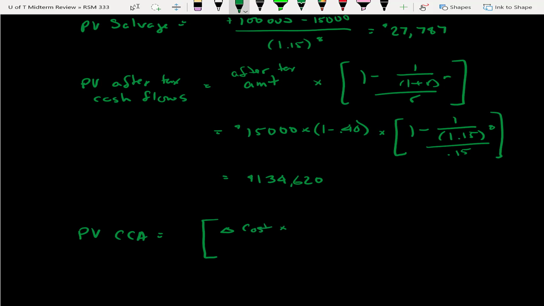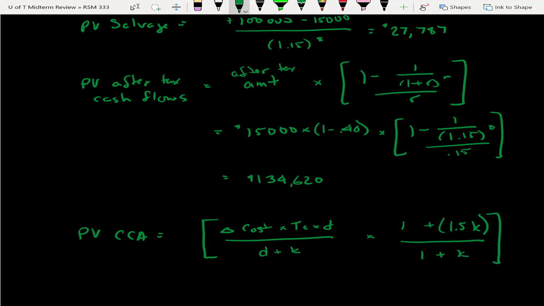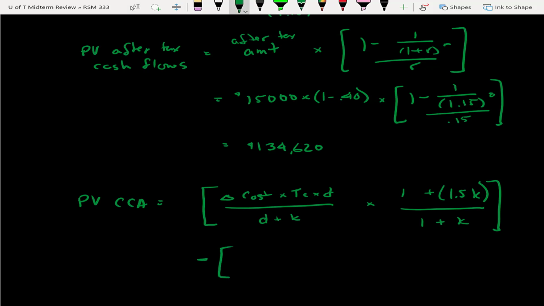The change in cost times tax rate times D, which is the CCA rate, over D plus K, times 1 plus, and I'm going to use 1.5 because that's the current rate, but as I mentioned in my previous video, you could end up using 0.5 or 1 depending on what the rates are, divided by 1 plus K. And all of that we will minus the change in salvage times tax times depreciation rate over D plus K times 1 over 1 plus K to the power of 8.